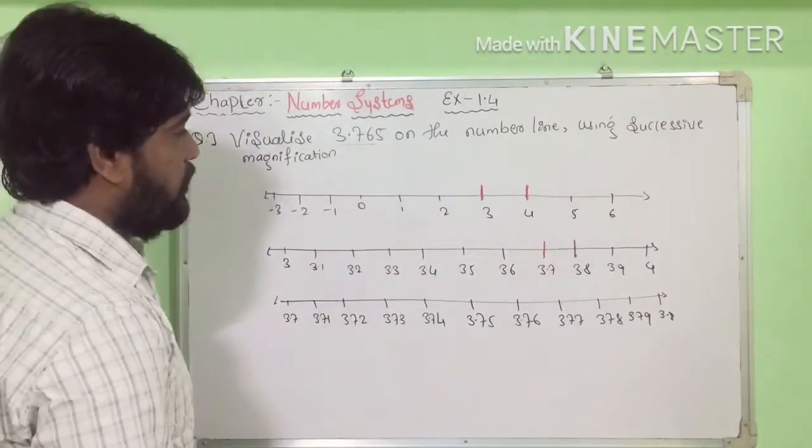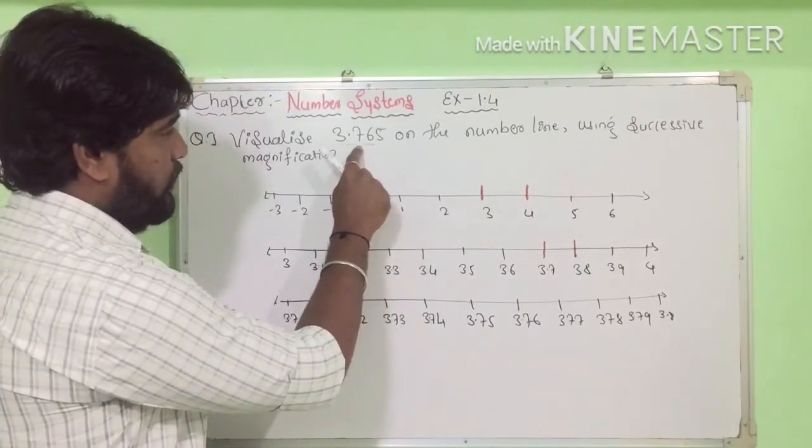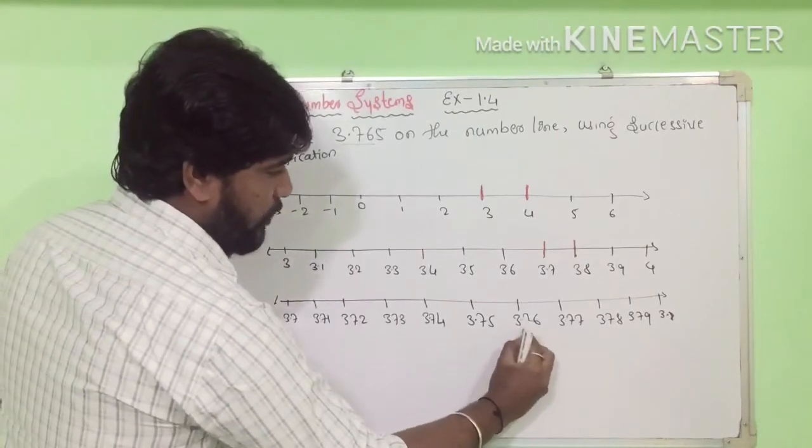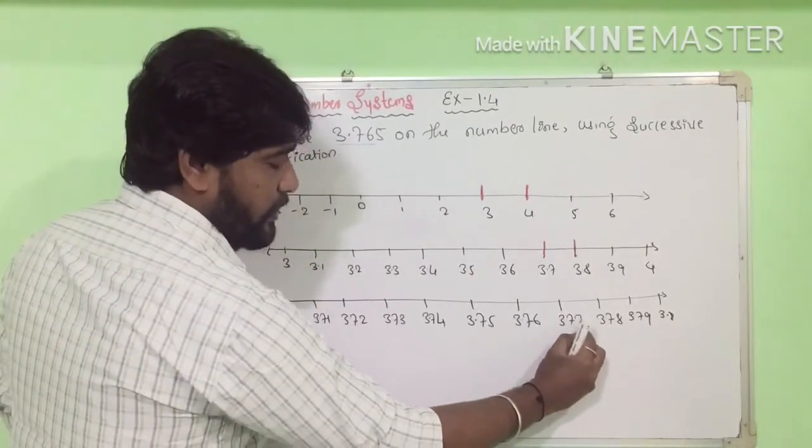So now see here, 3.765 lies between 3.76 and 3.77.